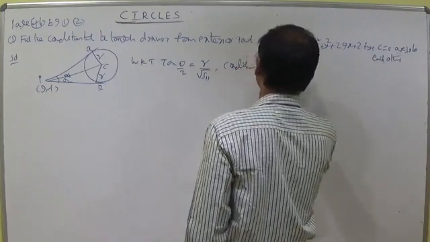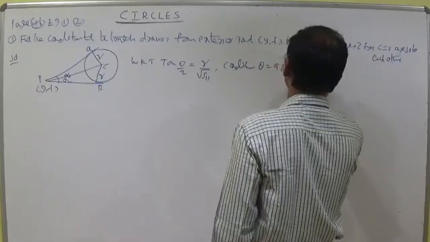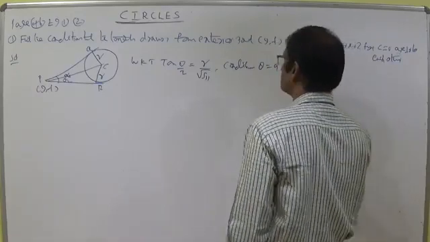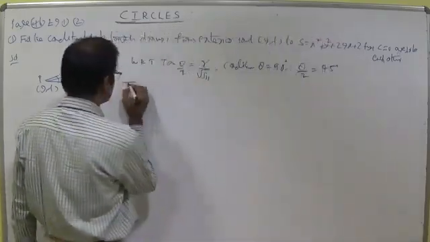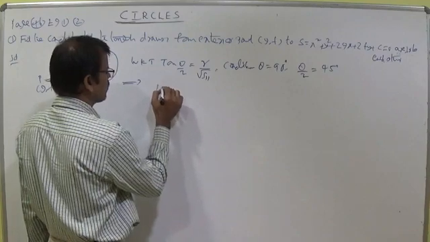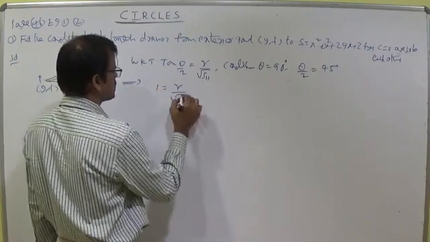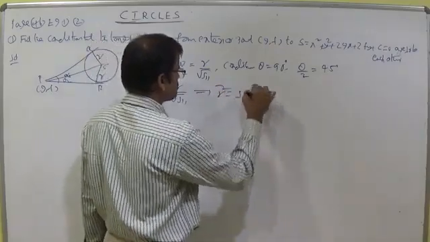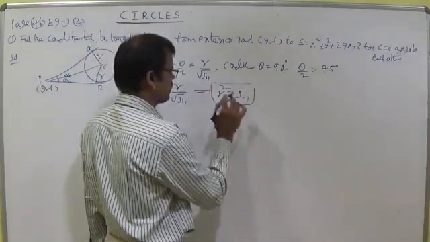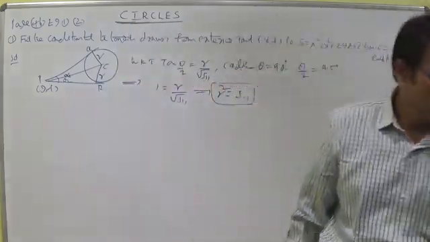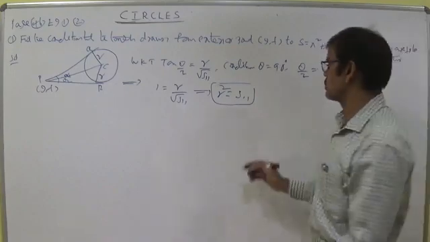Condition means theta is equal to 90 degrees, then theta by 2 becomes 45. So tan 45 is equal to R by root S11. What is the tan 45 value? 1. 1 is equal to R by root S11. Then you can write R square is equal to S11. Hereafter I will not say, directly I will write whenever the tangents are perpendicular, then the condition is R square is equal to S11.